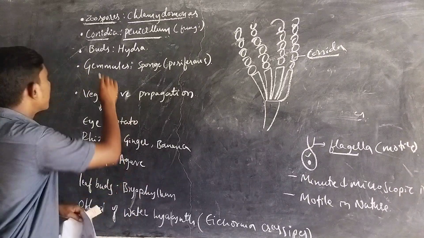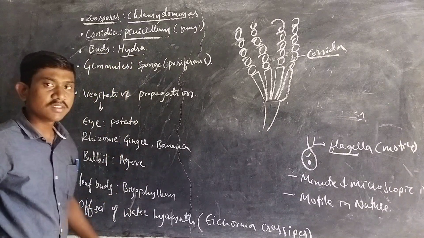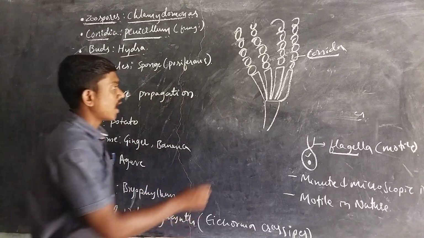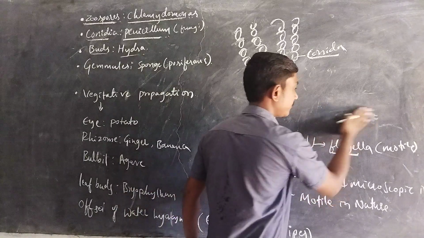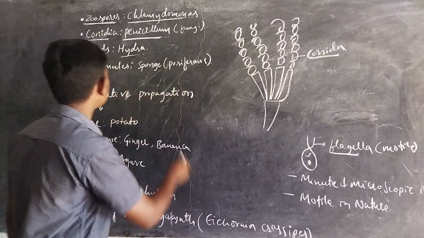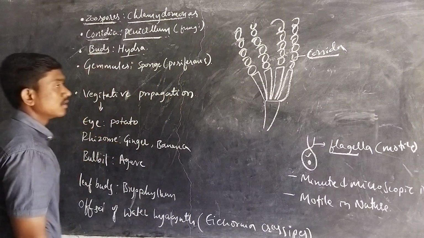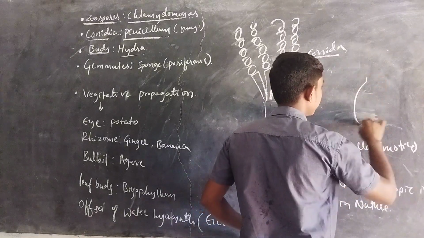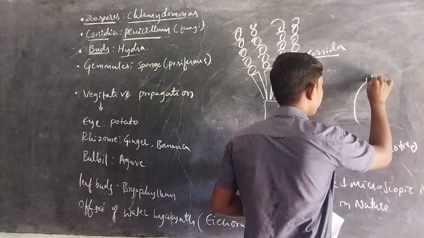So the very next one is the buds in case of Hydra. In the last video session we discussed budding, that is, Hydra can exhibit the asexual mode of reproduction just by buds. How? In the last video session we discussed the structure of that.